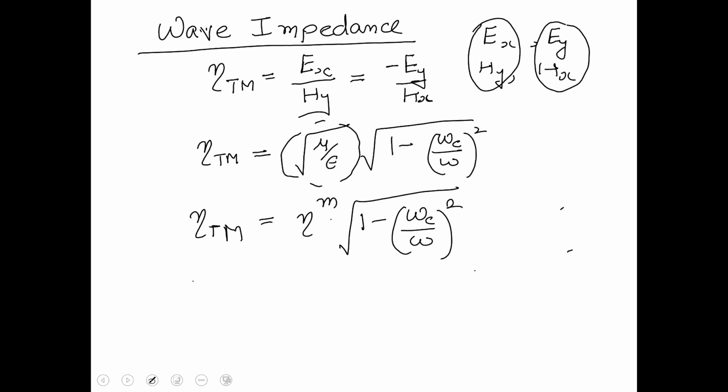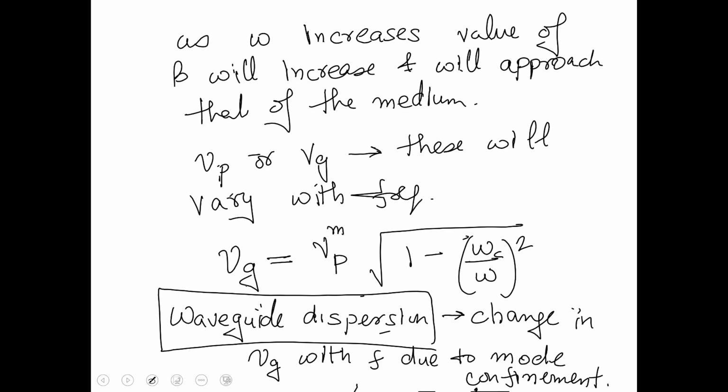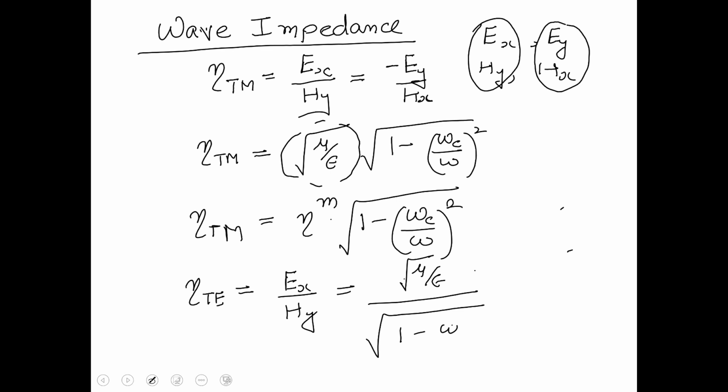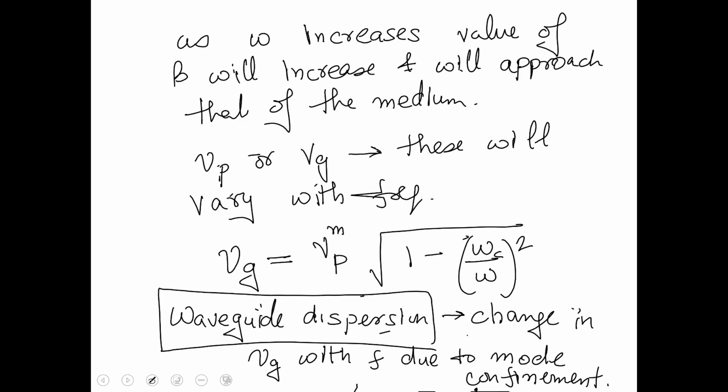Eta TE is much easier to think about. For eta TE, there are only two fields present, a field of Ex and a field of Hy. And when you substitute these, the answer you'll get is square root of mu by epsilon divided by 1 minus omega c by omega square.